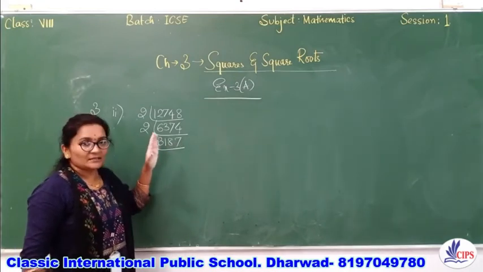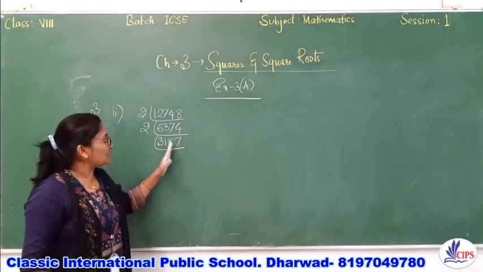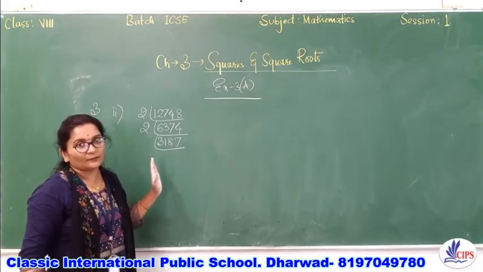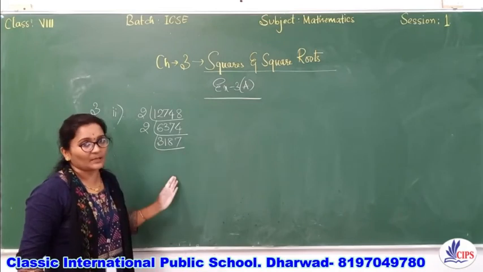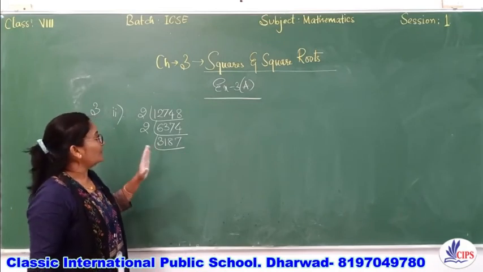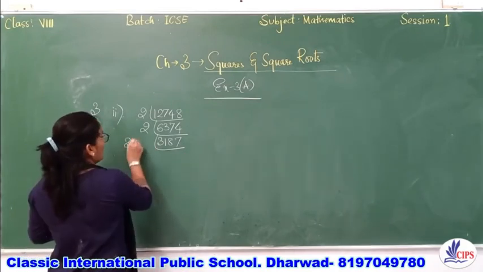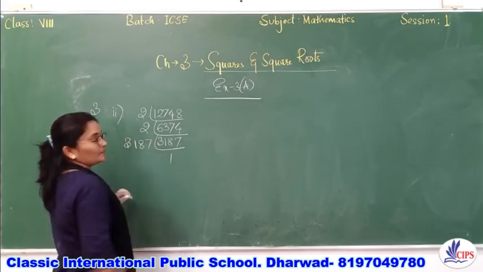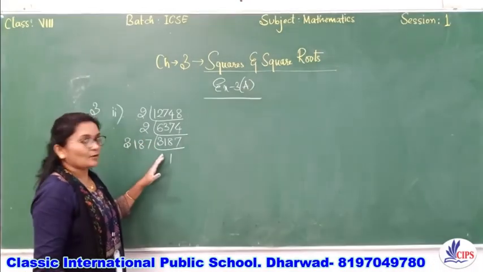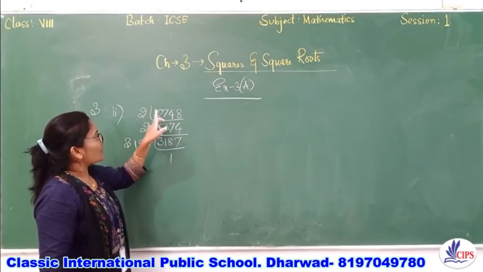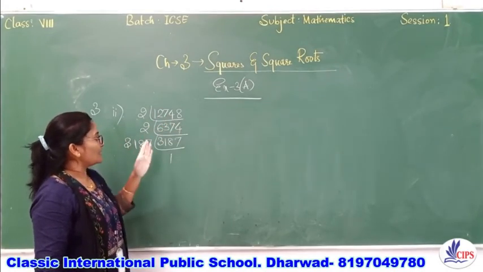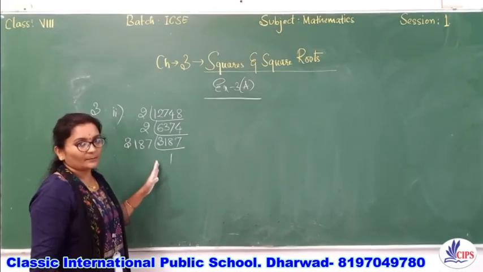So here as 19 is a prime number, this number is not divisible by any of the numbers because 3187 itself is a prime number. So therefore it's 3187 into 1. As it is a prime number, it's not divisible by any of the numbers. So here this 12,748 has to be multiplied with 3187 so that it's a perfect square.